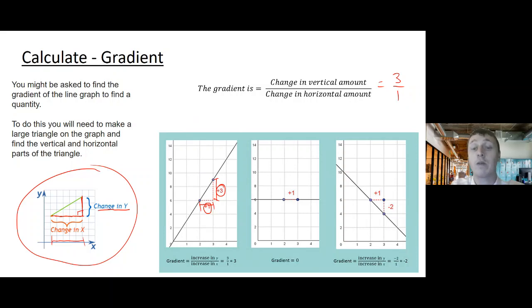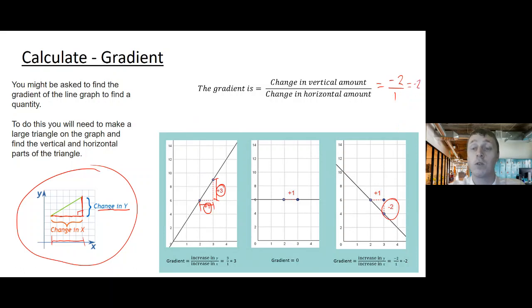So the gradient, how steep that is, it changes 3 vertically for every 1, so we say that is a gradient of 3. If you were to do it for the last graph on the other side of these 3 examples, you can see that it has 1 full box across for 1 full box down, but the box is worth 2.